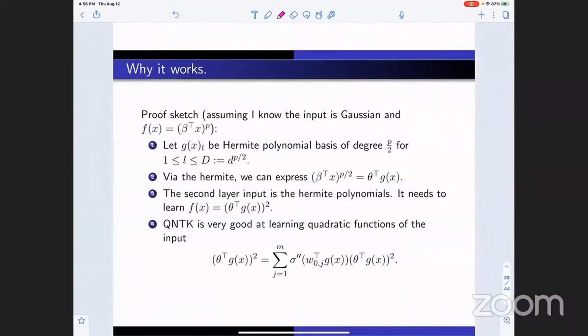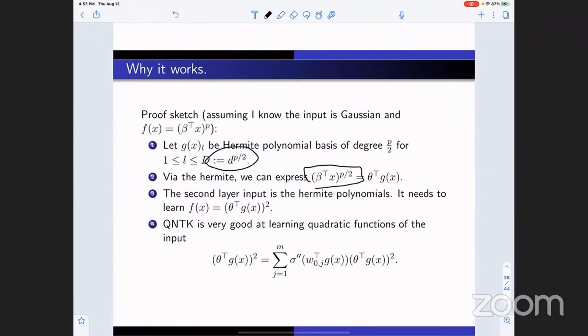So kind of the reason this works, let me sketch the reason it works. If I knew the input were Gaussian, and I choose the G's to be Hermite polynomials instead of ReLUs, this makes the proof very easy to see, very intuitive. If you initialize this many Hermite polynomials, you can get a basis of degree p over 2 polynomials.